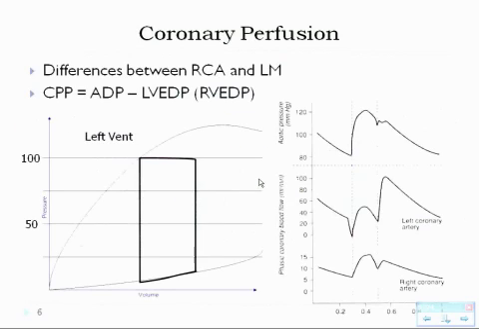So when you're looking at perfusion, you have to think in the back of your mind that each ventricle perfuses slightly differently. The reason that we use the main equation, the coronary perfusion equation, which is ADP minus left ventricular end diastolic pressure, is because that's the most important one.